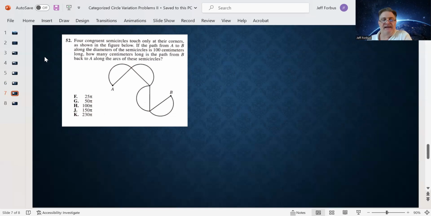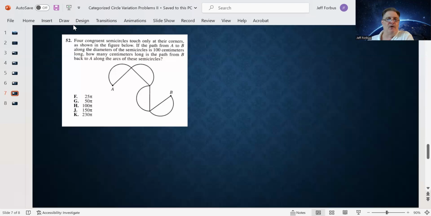If the path from A to B along the diameters of the semicircle is 100, so from A all the way to B is 100. How many centimeters long is the path from B back to A pertaining to the arcs? So the arc distance all the way back from B to A, what is that distance based on knowing the distance from A to B is 100?